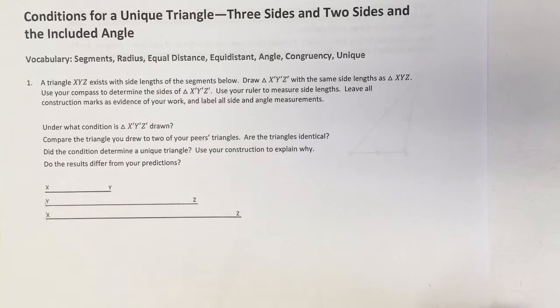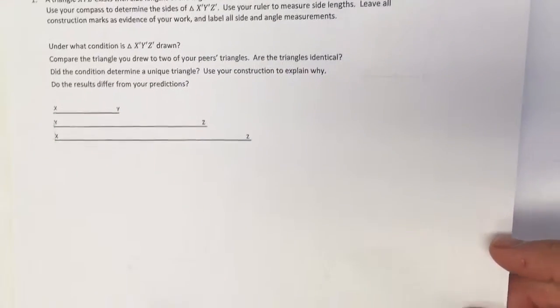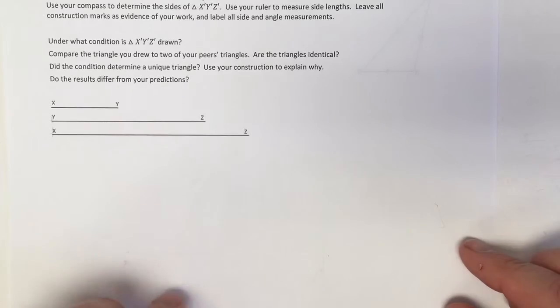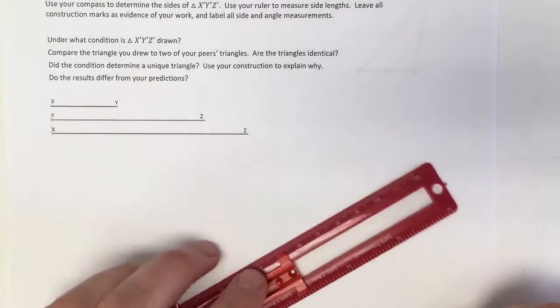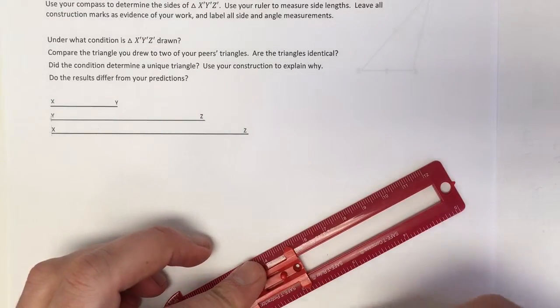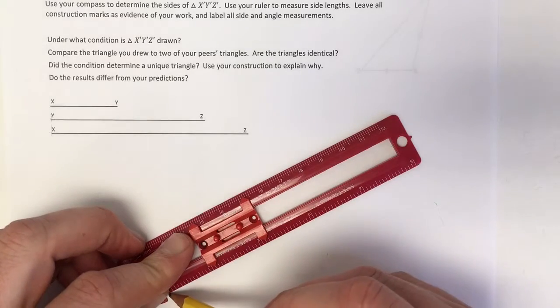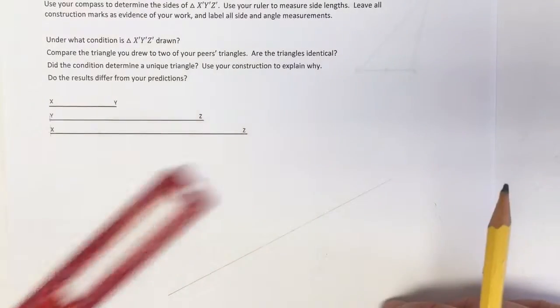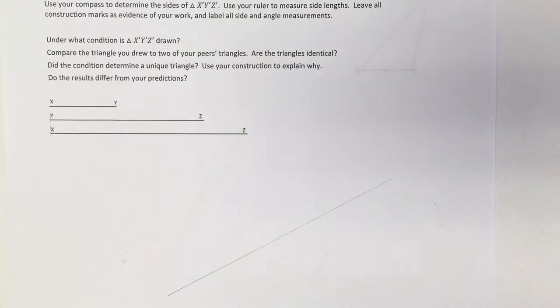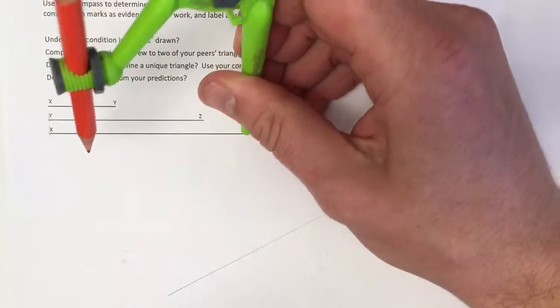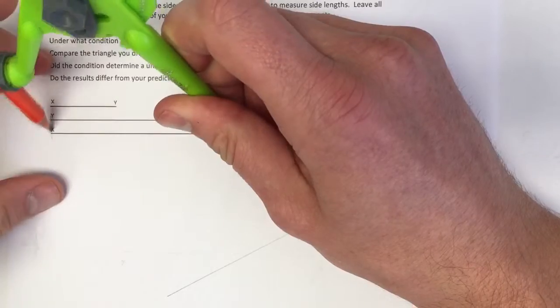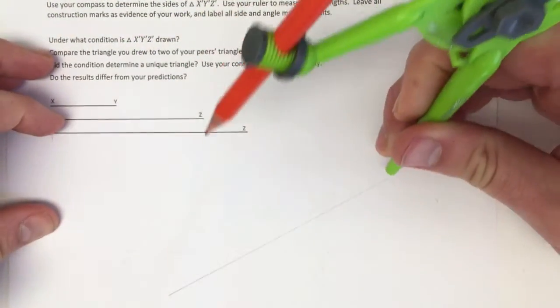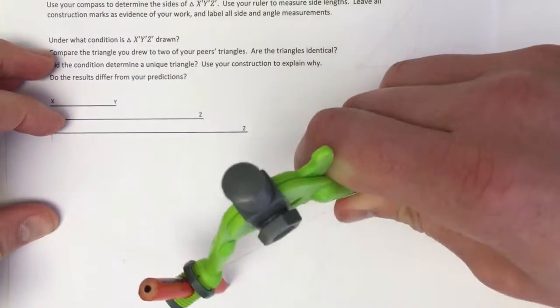And so just as a reminder on how we even build a triangle with a compass and straight edge given three side lengths, you first start with your straight edge, you draw your line, you get the distance from point to point, and you mark.